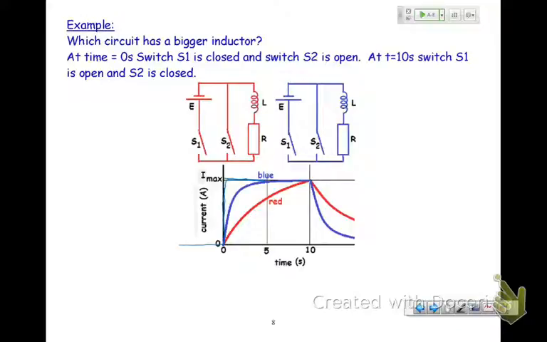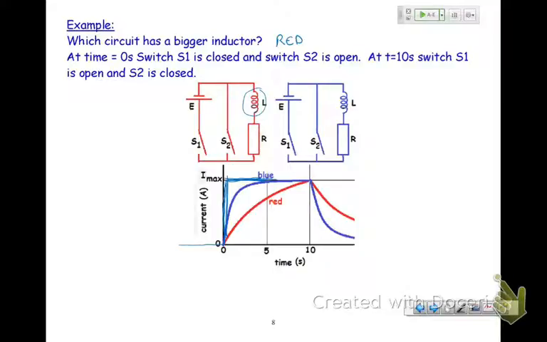If there was no inductor, it would immediately go to the maximum value. But because there is an inductor, it takes longer. And if I had an even bigger inductor, it would take even longer. So which circuit has the bigger inductor? The red circuit has the bigger inductor.